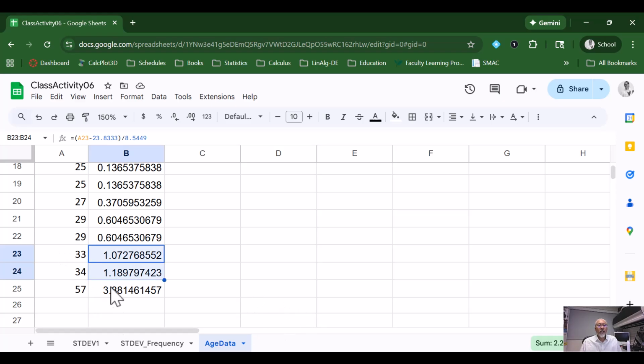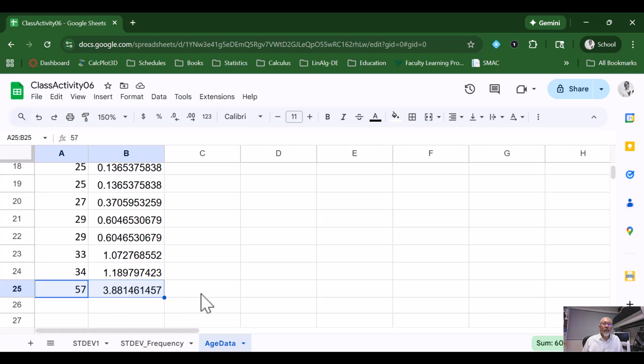Now, usually if somebody is more than 2 standard deviations away to the left or to the right, we call that an outlier. My z-score over here happens to be 3.88. So I'm way out there, 3.8 standard deviations away from the mean.